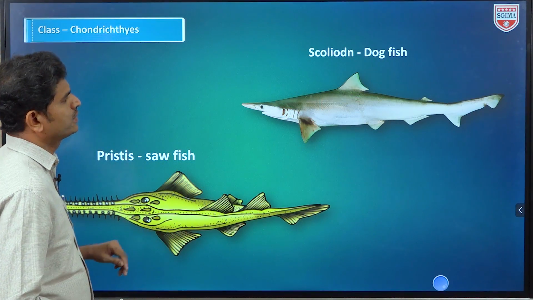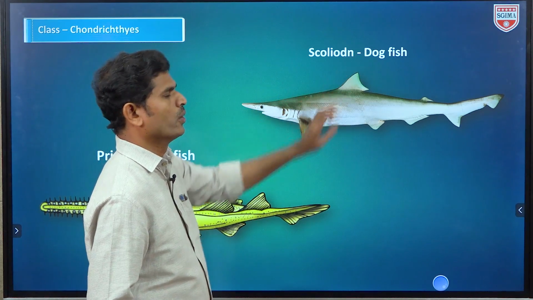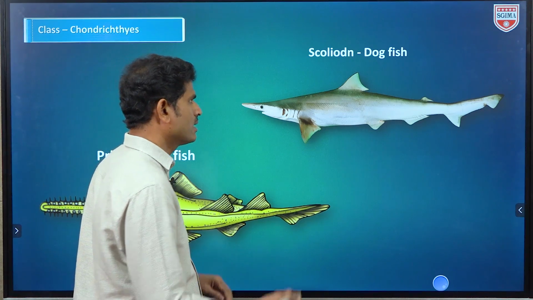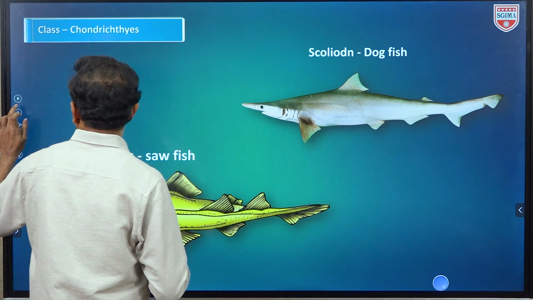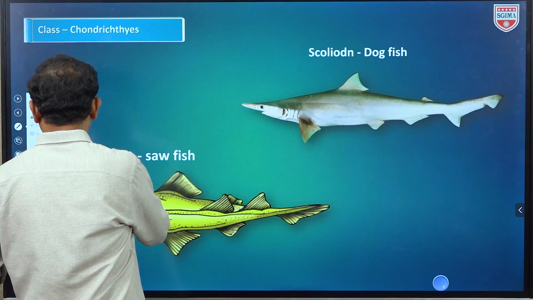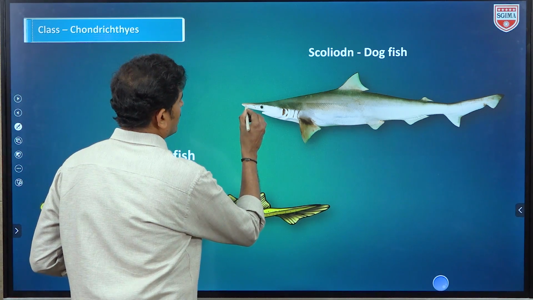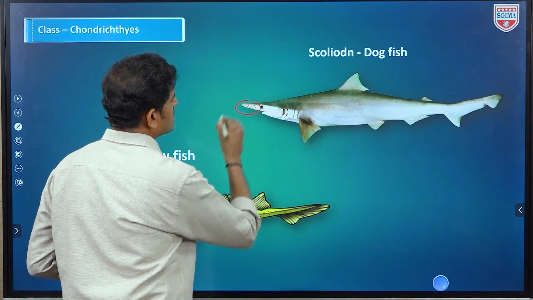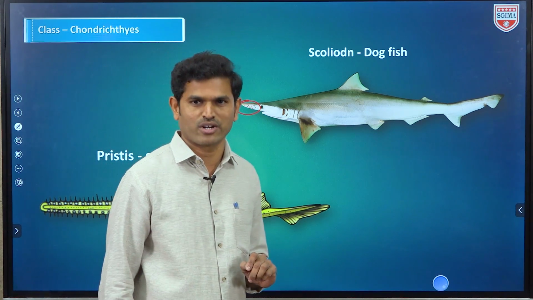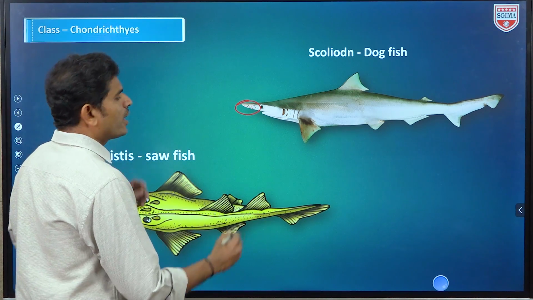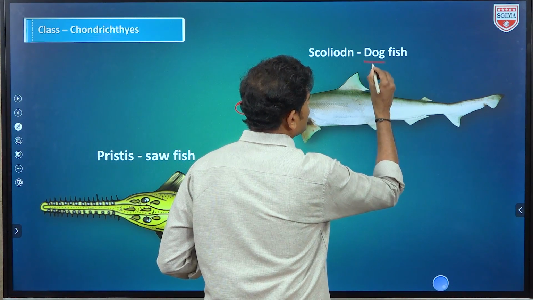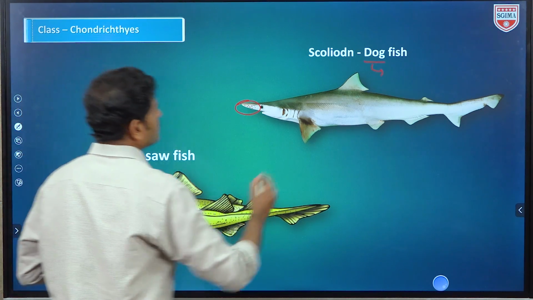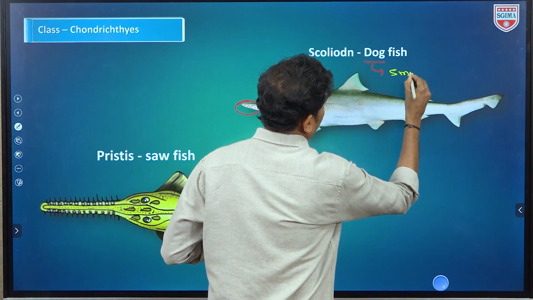These are examples. One is Scoliodon, generally known as dogfish. Why is it known as dogfish? Here on its nose, there are dots, which are nothing but sensory organs, particularly for olfaction. A dog has a keen sense of smell, and here also smell is highly developed.